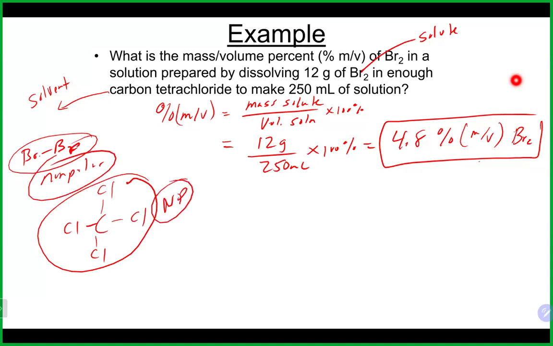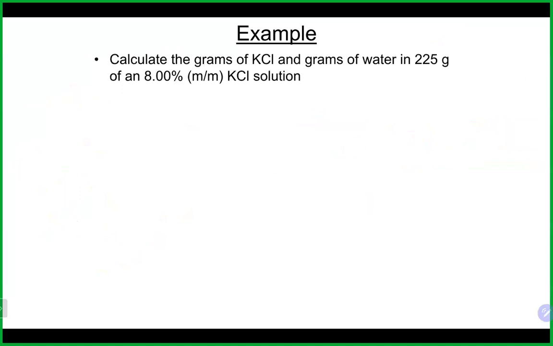So those two are going to work really well together. This would be a case where water would be a terrible solvent, because it's not going to do much with that Br2. They're not going to mix. So remember, water is a good solvent for a lot of things, but not always the correct solvent for everything. In this case, this would be a much better solvent. Any questions on that? Okay, all right, so let's try one more here.